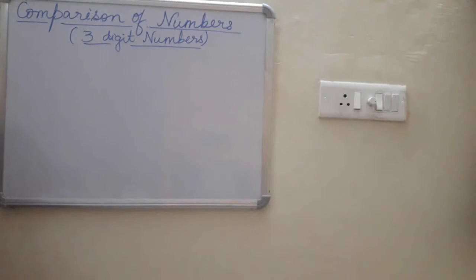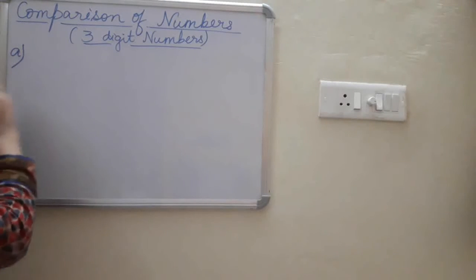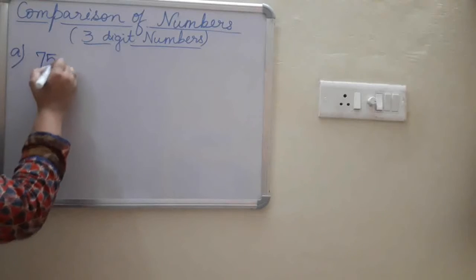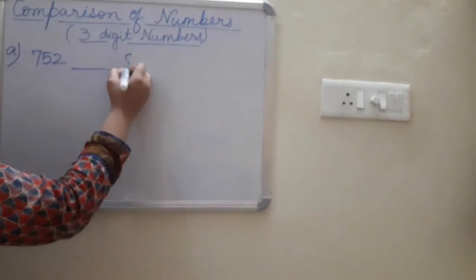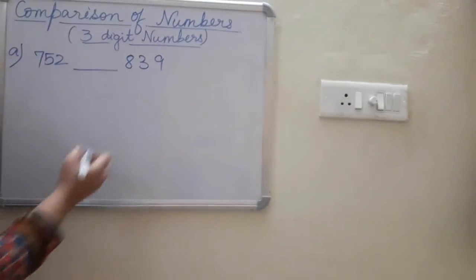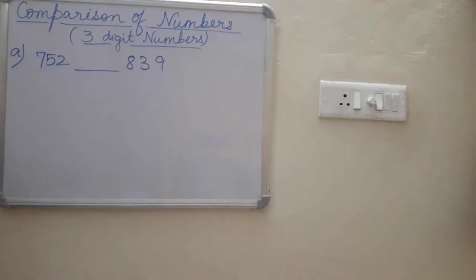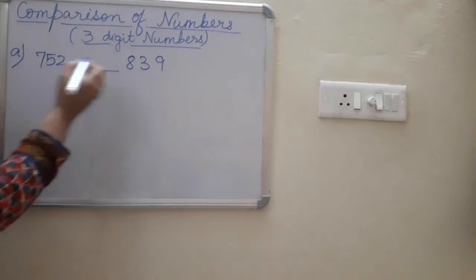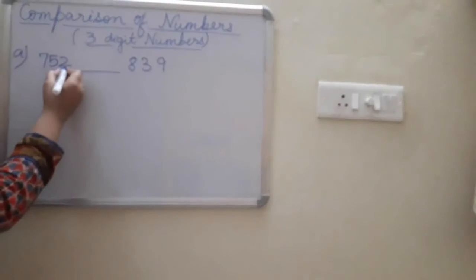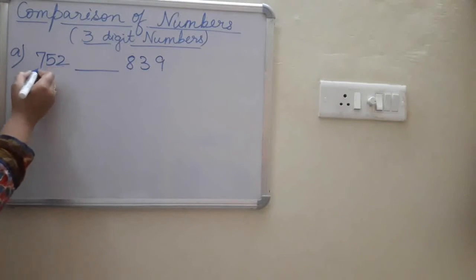Suppose we have to compare the numbers. Okay. So what do we do? First of all, we look at the hundreds place. You all know children, this is the ones place, this is tens place and this is hundreds place.